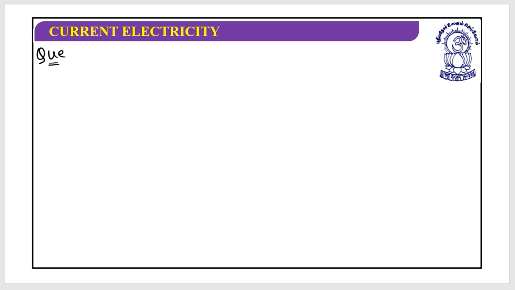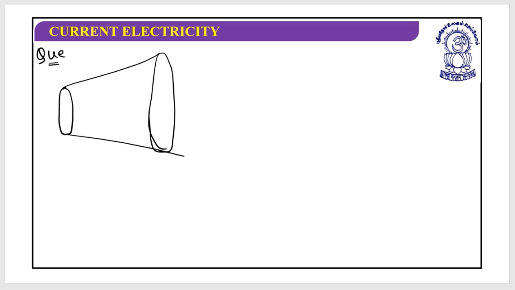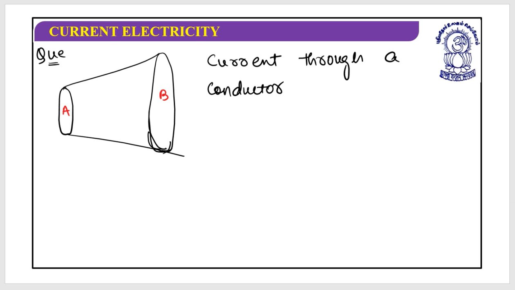Let's suppose that one of the conductors is given, this is side A, this is side B. Now what they have provided is that the current through a conductor is the same throughout.